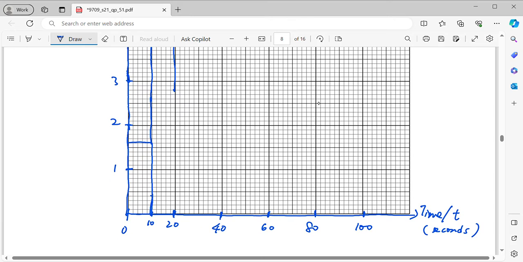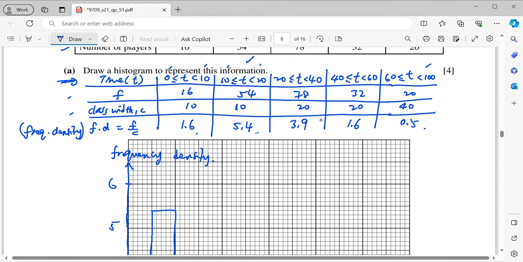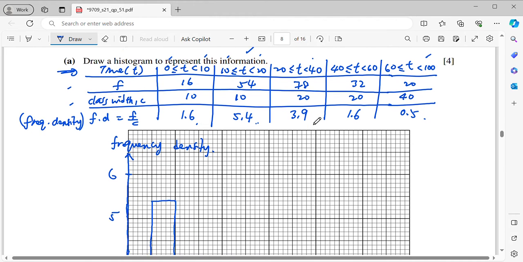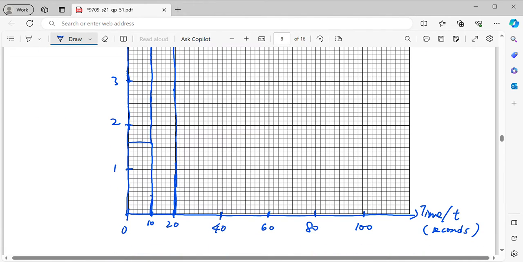So draw the straight lines. Okay, so now the next is 20 to 40, it will be 3.9. So 20 to 40, 3.9.